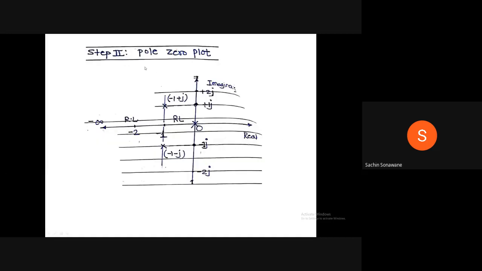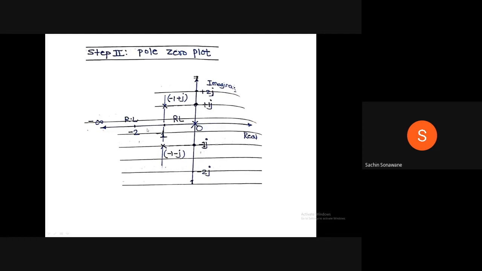Now step 2. We will locate the poles and find out the root locus region and no root locus region. First pole is 0, therefore indicate a cross here. Second pole is minus 1 plus j, and minus 1 minus j.